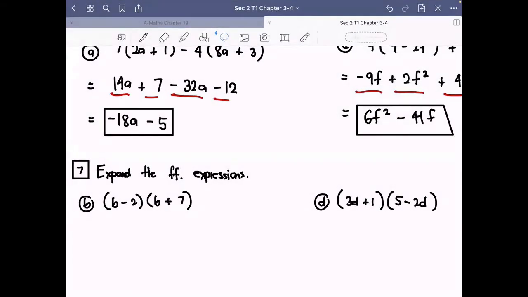Page 87. We are in page 87. Only letter B and D.